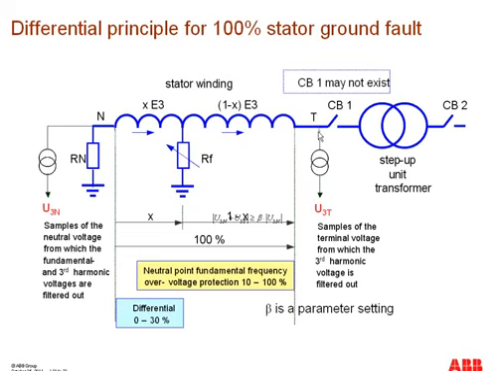If the fault is close to the neutral point, then U3N will reduce or go to 0 in fact, and U3T will increase. So both of these criteria are used to detect the ground faults, and this is important for these 100% stator ground faults.